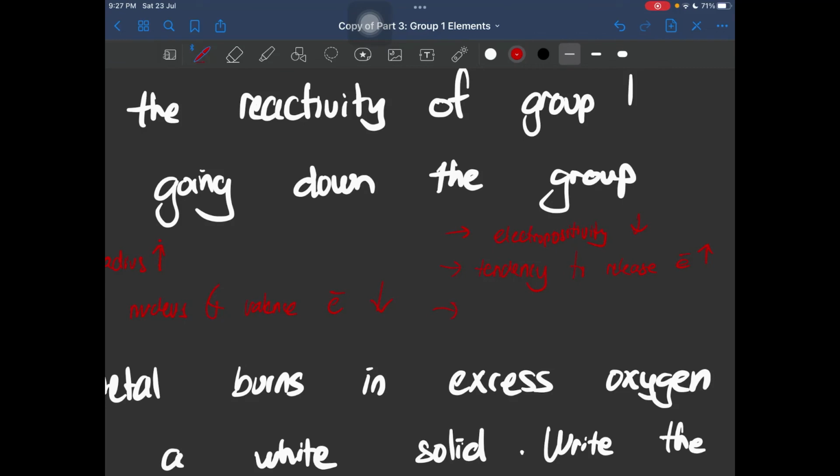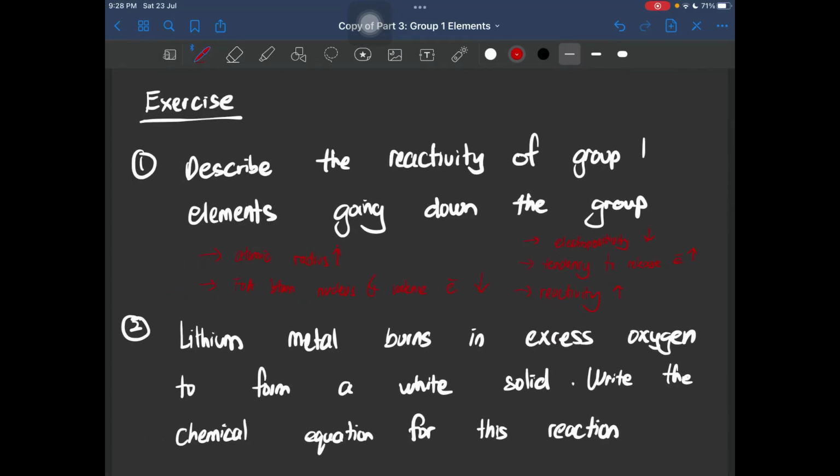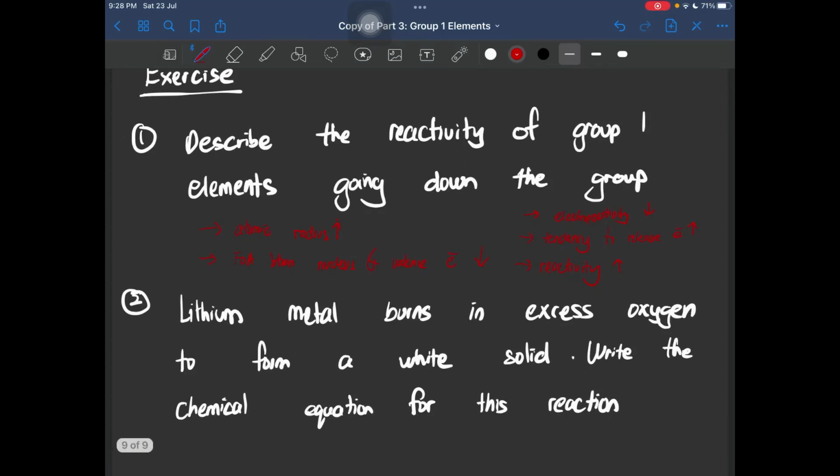And so when this happens, the reactivity will increase, because when it releases an electron, it will be received by another atom which requires that electron in order to achieve a stable octet electron arrangement. So that is the first question covered.